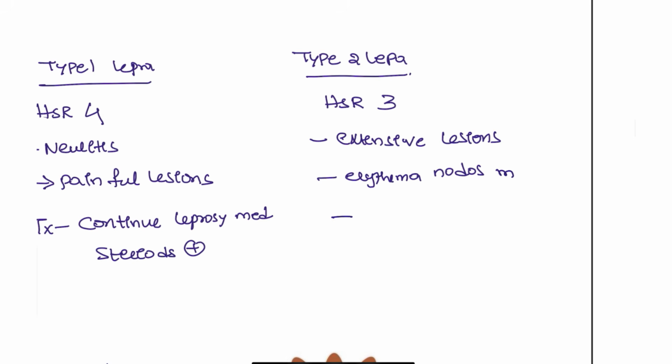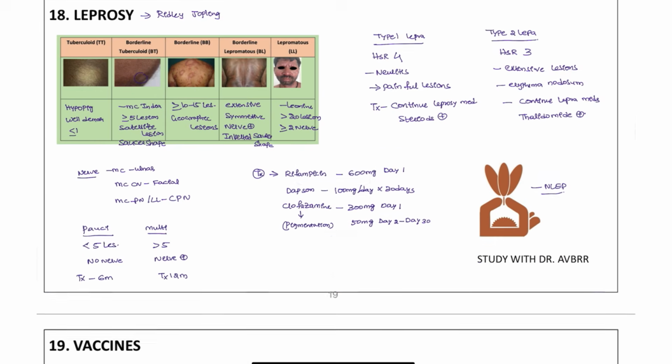Here treatment is to continue lepra medications, and along with that you can give thalidomide. Okay, these are the lepra 1 and lepra 2 reactions.